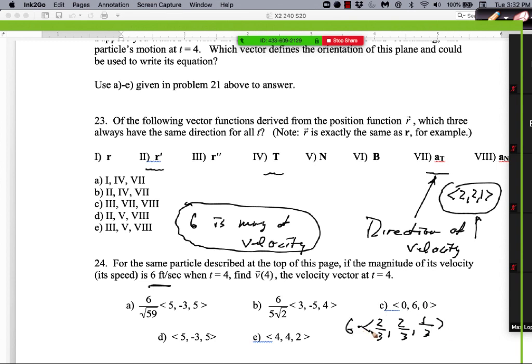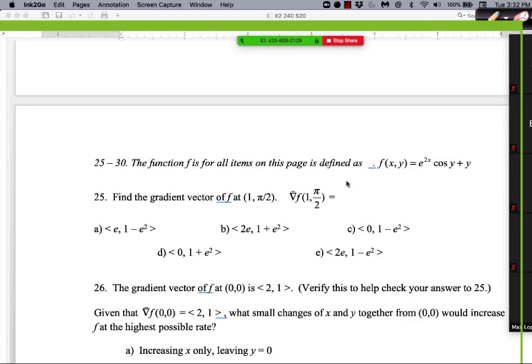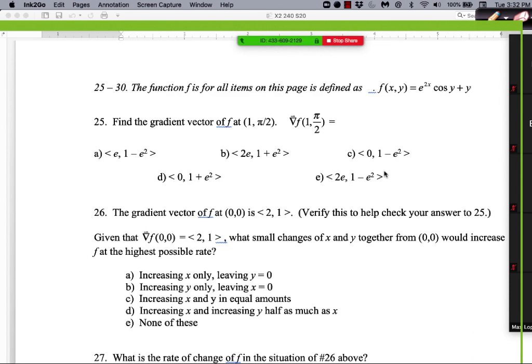This unit vector in the direction of that times 6 gives you 4, 4, 2. Okay, questions on that one? Very good.